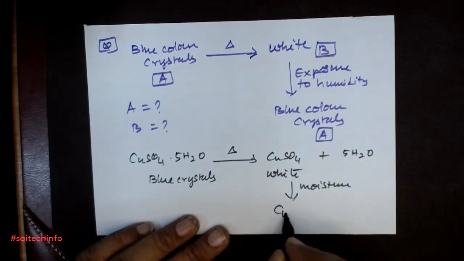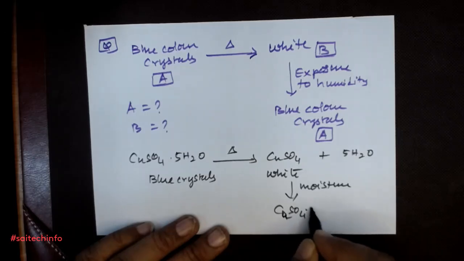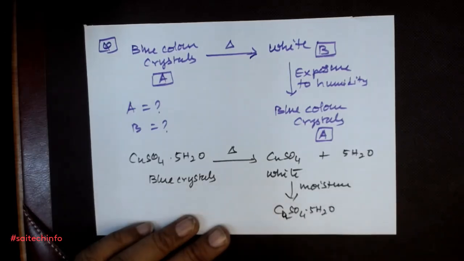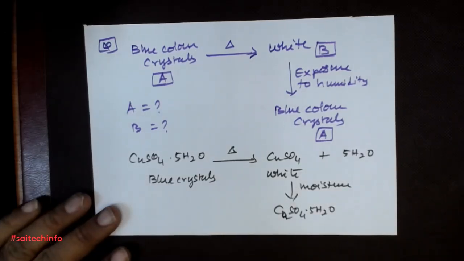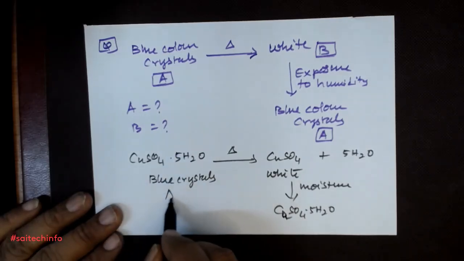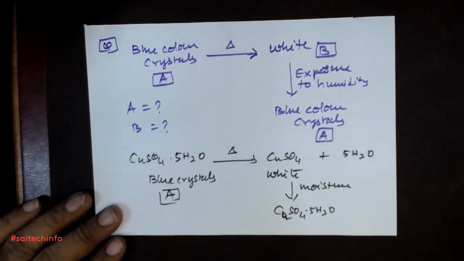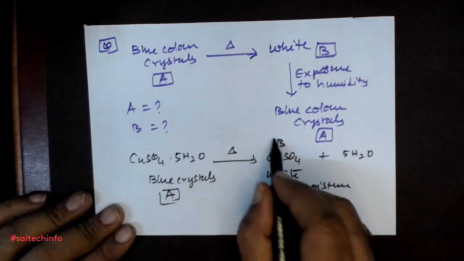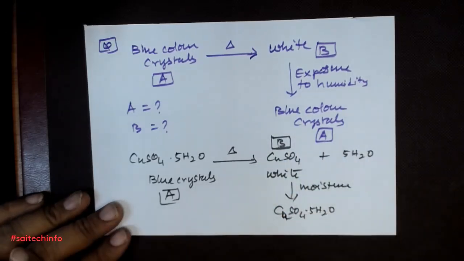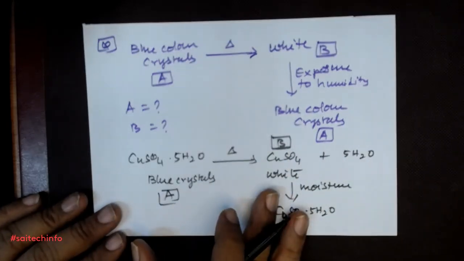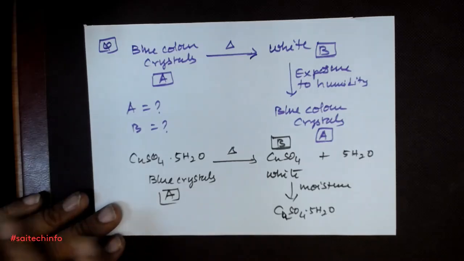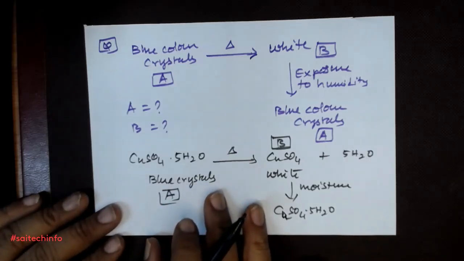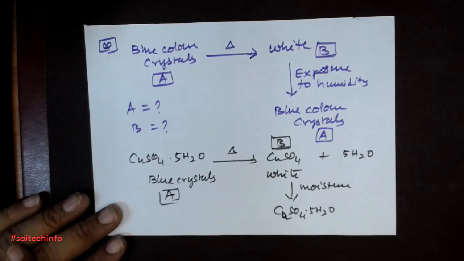So it becomes again CuSO4·5H2O. These water molecules are again trapped. So the compound A is blue crystals of copper sulfate pentahydrate, and B is anhydrous copper sulfate. Anhydrous copper sulfate is white color. Pentahydrate copper sulfate, that is hydrated copper sulfate, is blue color.